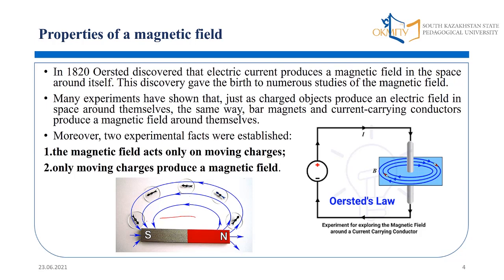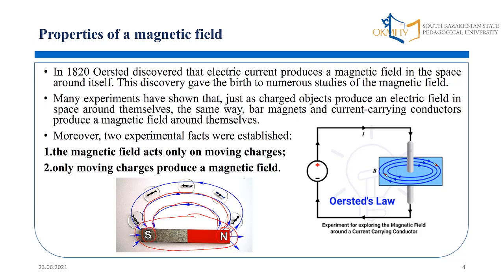In this picture, we see a bar magnet, and around this bar magnet, we see the magnetic field lines, which show the magnetic field distribution around the bar magnet. We see that magnetic field lines emerge from the North Pole and end at the South Pole.